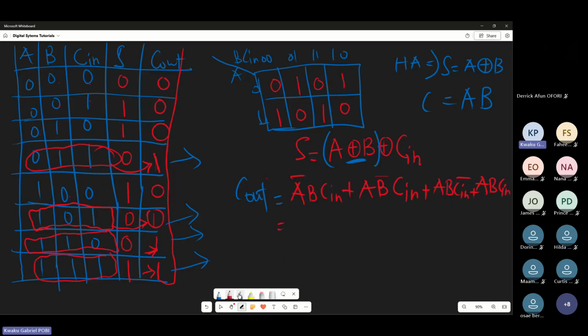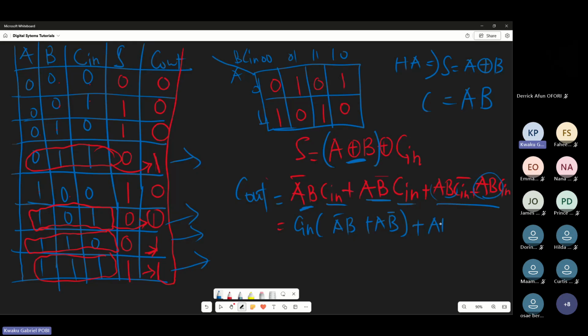Now with this, let's minimize this. In minimization, we will look for like terms. So here you can see C in, you can see C in. What is left is A bar B for this part, and then A B bar for this part. And then for this whole part, the like terms are AB and AB.